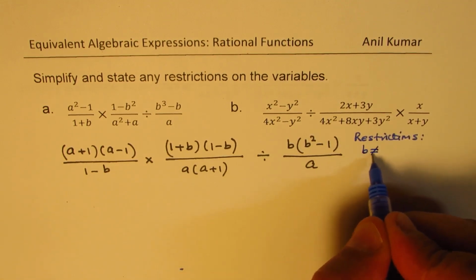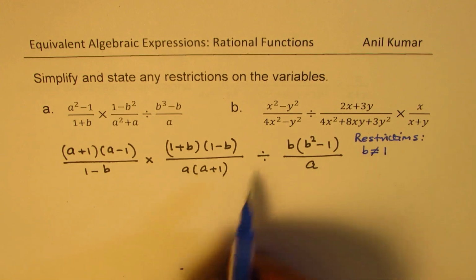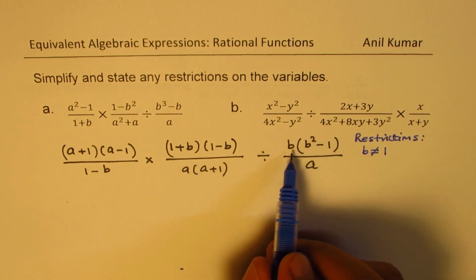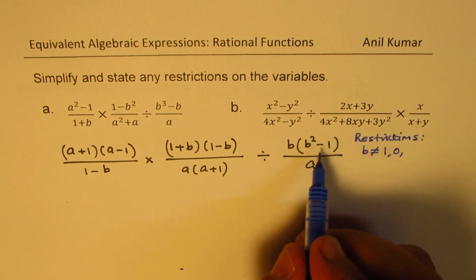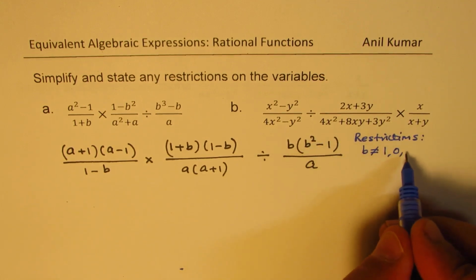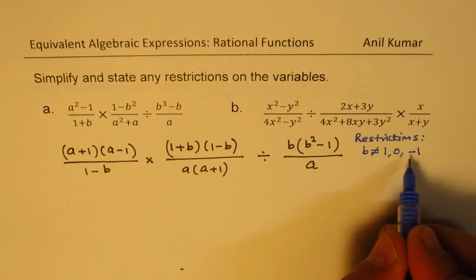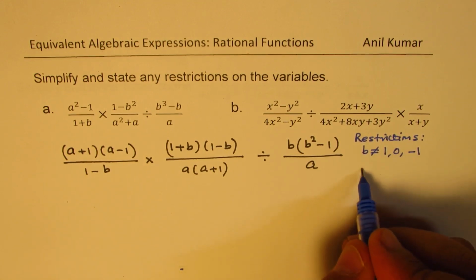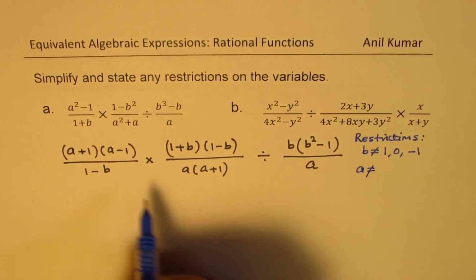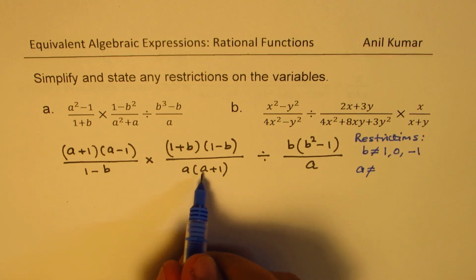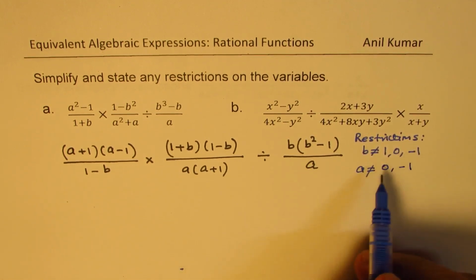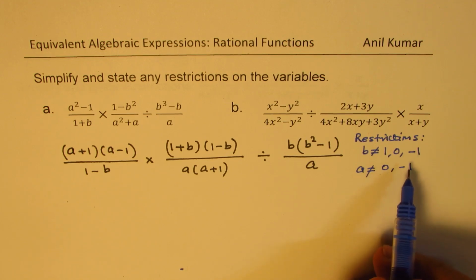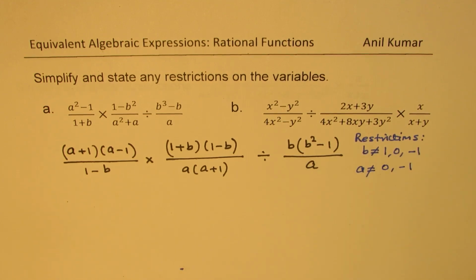So let's write b not equal to 1, right? Here b cannot be equal to 0 and b is not equal to even minus 1. So b is not equal to 1 plus or 1 minus. As far as a is concerned, a is not equal to 0 or minus 1. This is also 0, right? So 0 or minus 1. So these are the 5 restrictions on the variables.